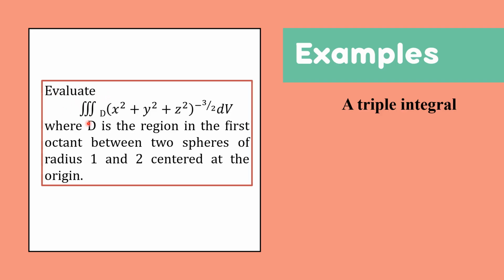To apply Theorem 13.7, we have here an example of a triple integral. We evaluate the triple integral of the function x squared plus y squared plus z squared to the negative 3 halves with respect to V, where D is the region in the first octant between two spheres of radius 1 and 2 centered at the origin.